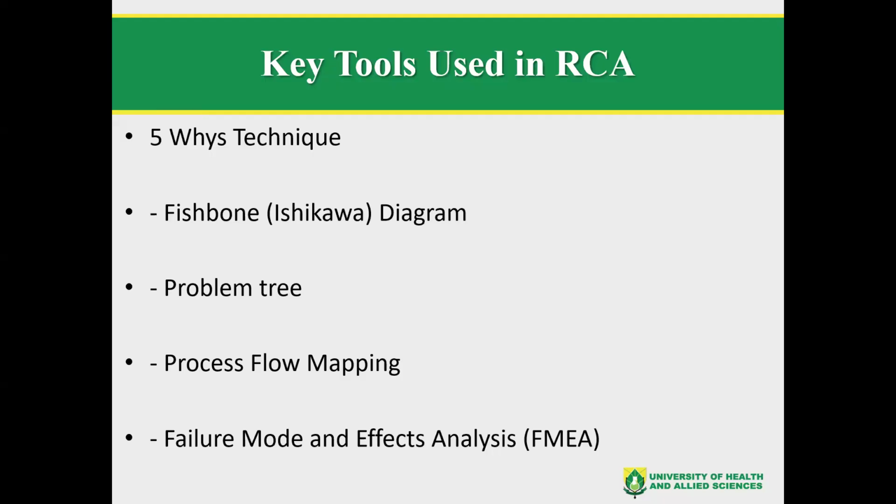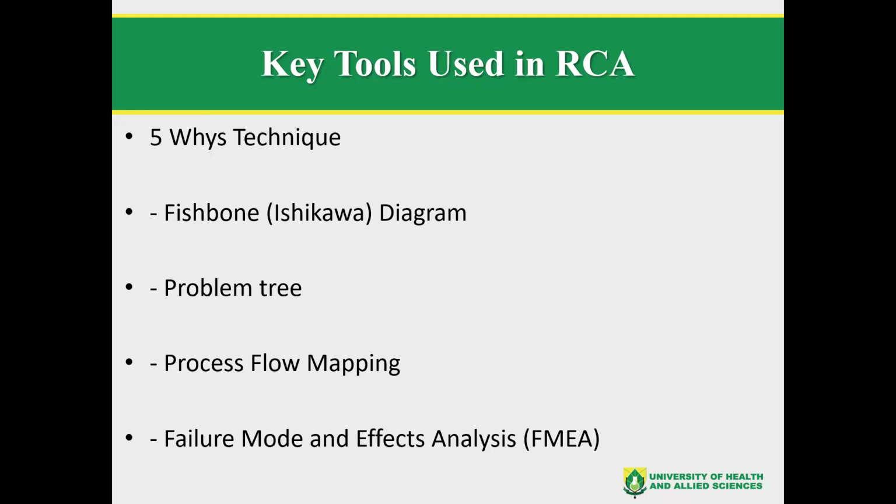Another tool we use in root cause analysis is the fishbone analysis. We also call it the Ishikawa diagram. This is a diagram that looks like a fish, but you are using it to point out the main causes that could lead to a particular problem.